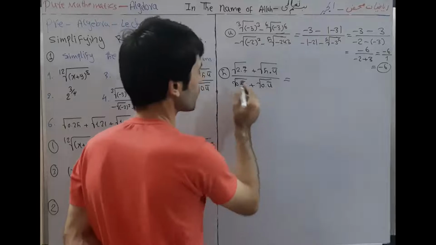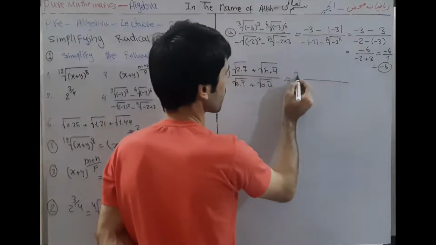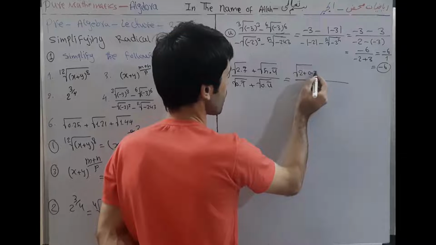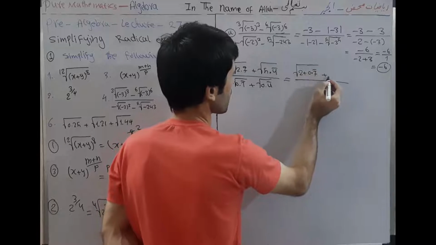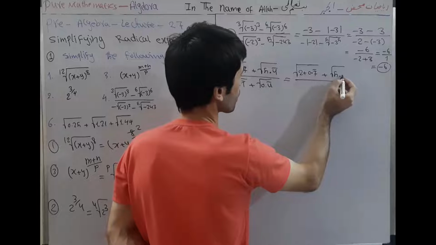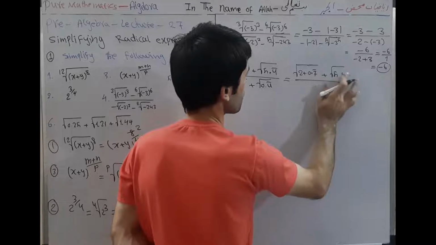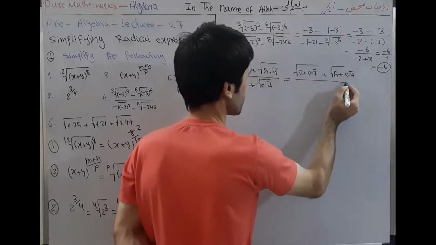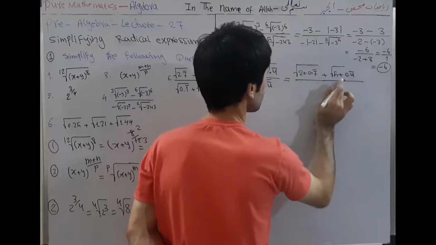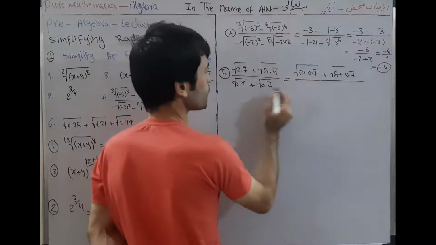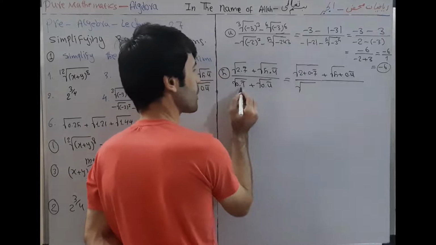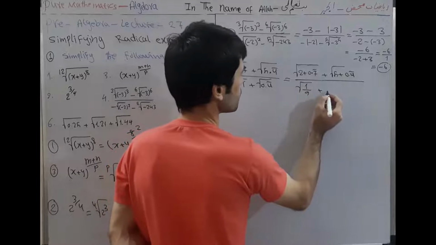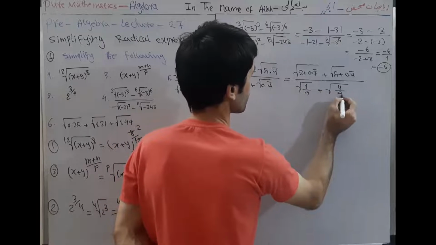We can write in the numerator the square root of 2 plus 0.7 plus the square root of 5 plus 0.4, over, as common fractions, the square root of 1/9 plus the square root of 4/9.